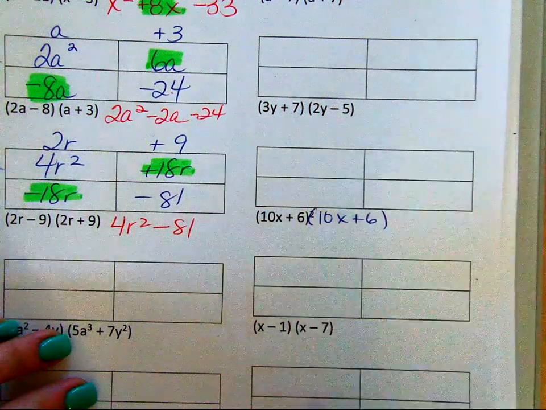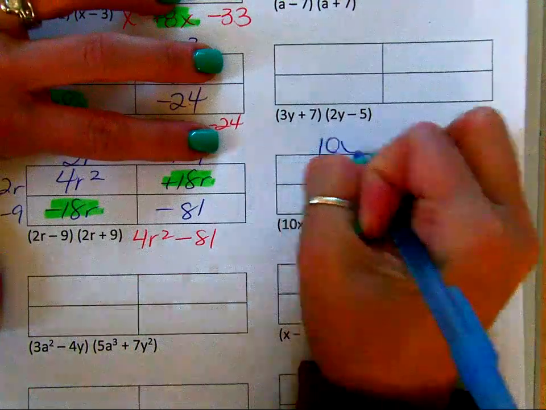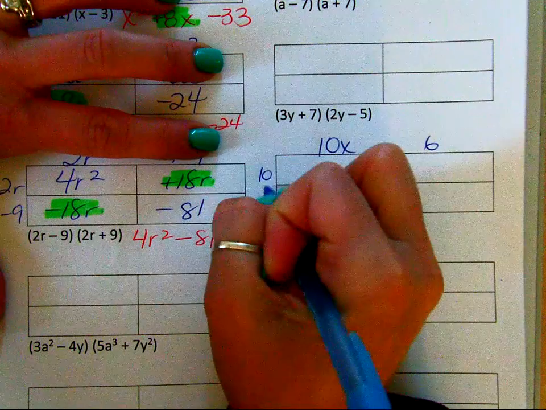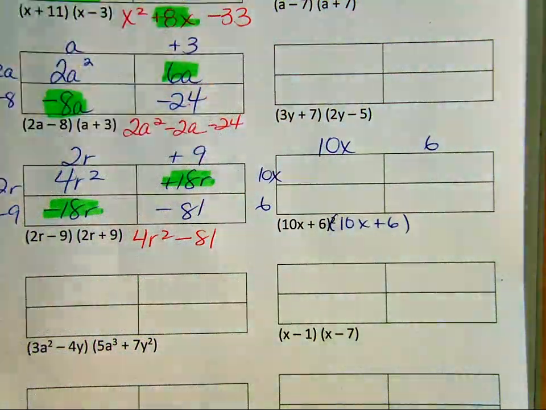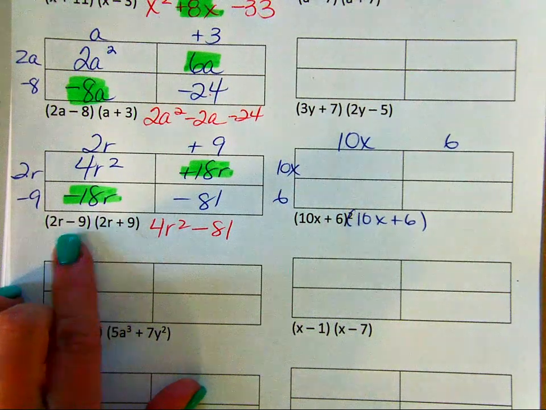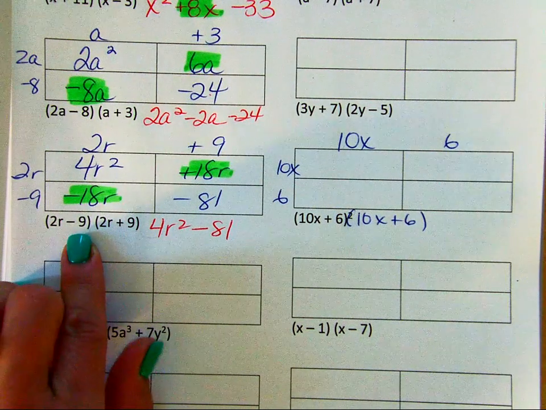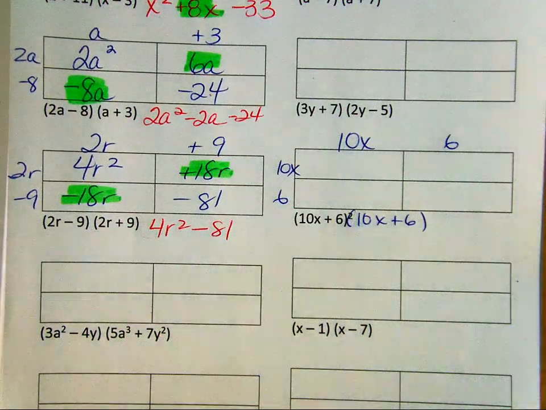So we saw what happens when they are almost identical, but with the signs different. What do you think happens when they are identical? Everything is identical. 10x plus 6, 10x plus 6. Let's just look and see if we can figure that out.